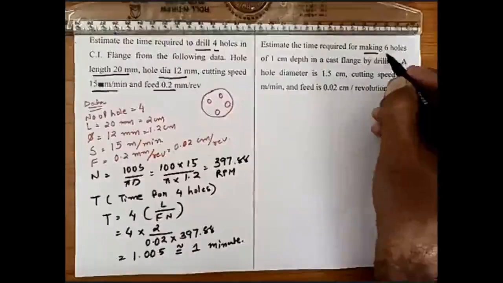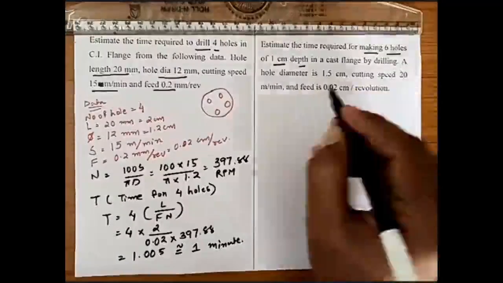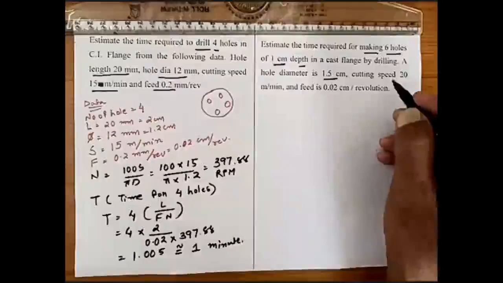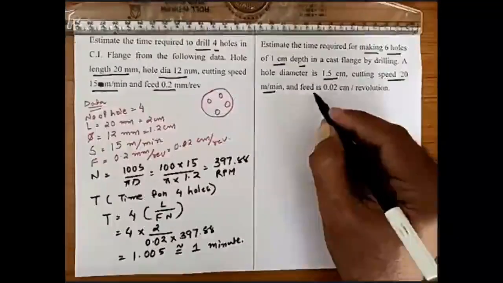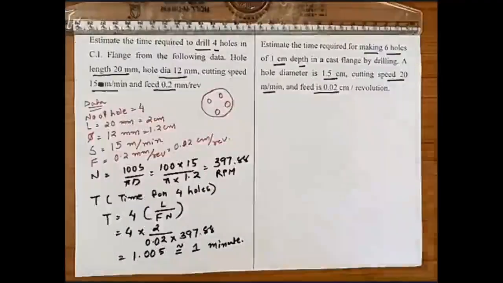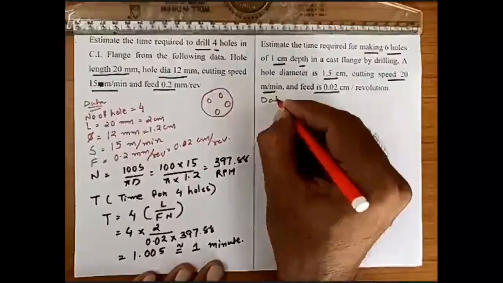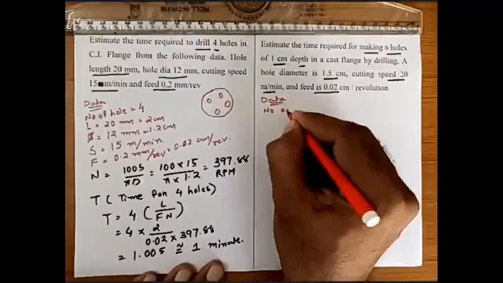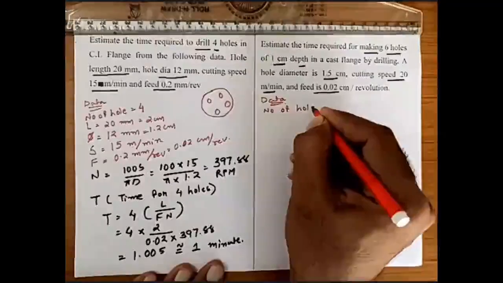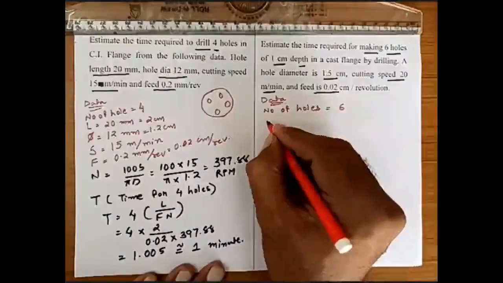Make 6 holes, 1 centimeter depth, hole diameter 1.5 centimeter, the cutting speed 20 meter per minute, and the feed 0.02 centimeter. Write down the data. Number of holes is equal to 6.